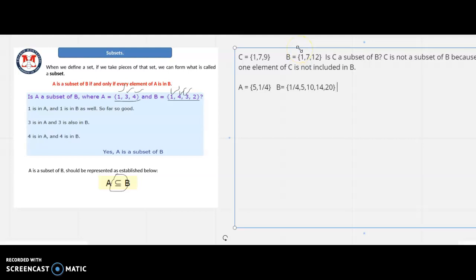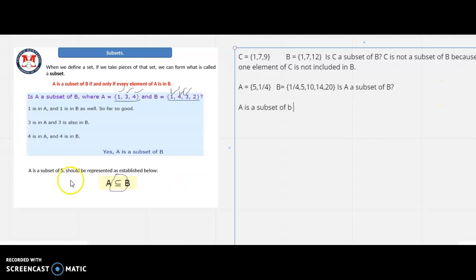So in this case, is A a subset of B? So we will see. 5 is included in the set A and also in the set B. 1/4 is included in A as well as B. So here we can check that A is a subset of B.